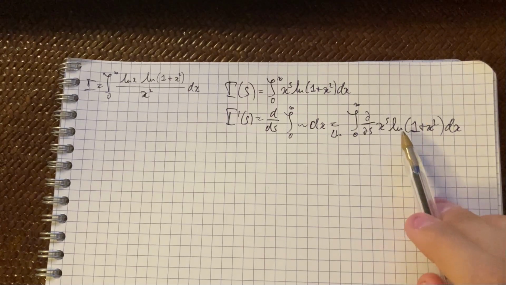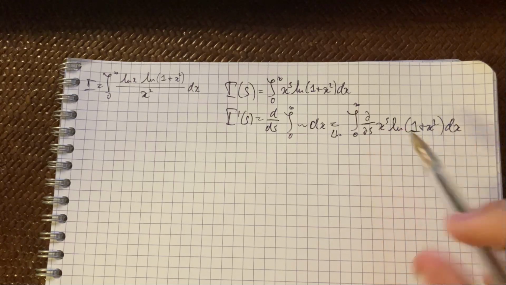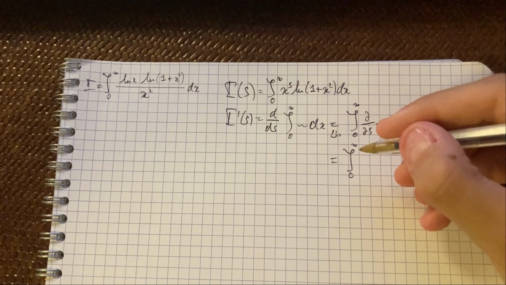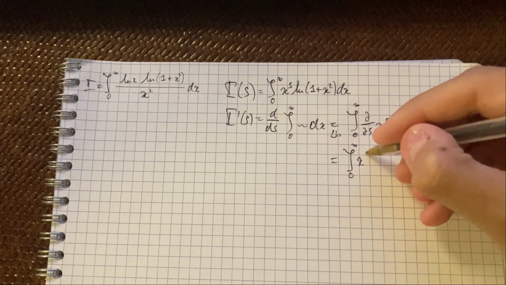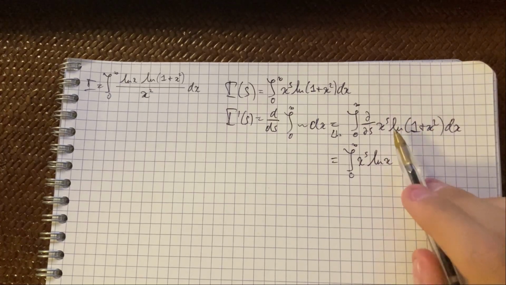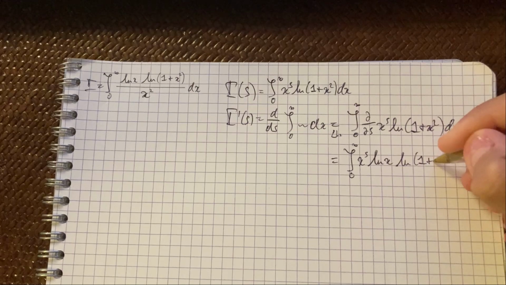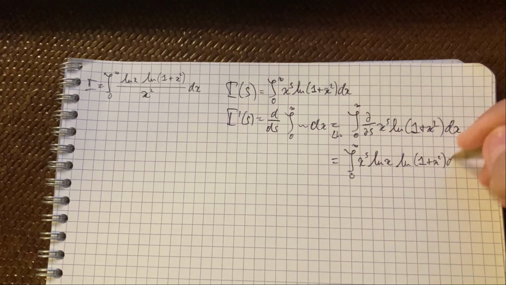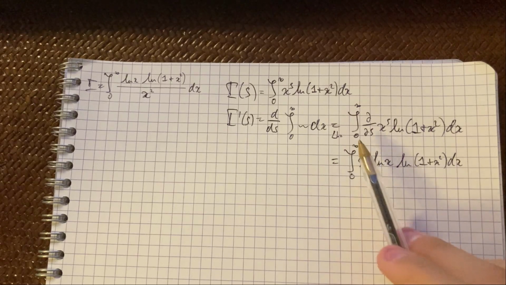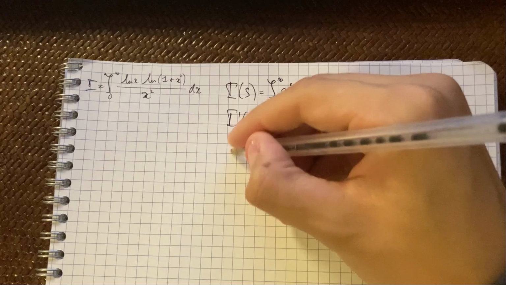And here, as log(1 plus x squared) is a constant with respect to s, this equals the integral from 0 to infinity of x to the s power log x, log of the base, times log(1 plus x squared) dx. And here we have our integral if s approaches -2.